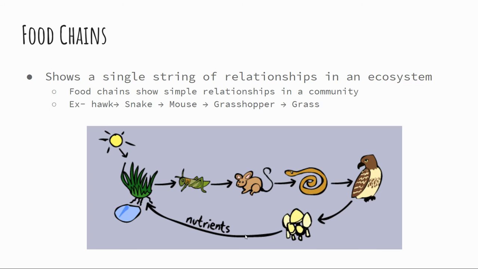All right, so a food chain shows a single string of relationships in an ecosystem. So this is when we're just looking at maybe one particular organism. Let's say we're studying the hawk, and we're producing a food chain of just the things that the hawk interacts with on a daily basis.